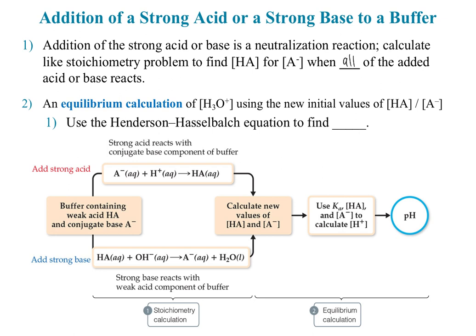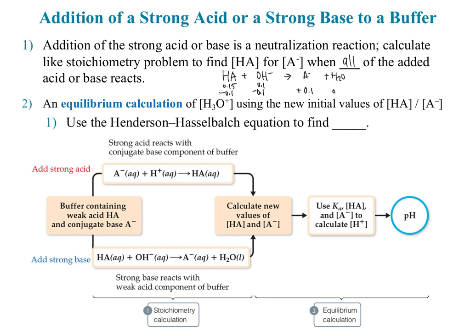For example, if I have my weak acid and I add some hydroxide, I'm going to find how many moles I have of each. Let's say it's 0.1 and 0.15, and I'm going to react all of it. Whoever is my limiting reactant, the smallest amount, is how much I'm going to subtract from both sides, and that's how much I'm going to add to my products.